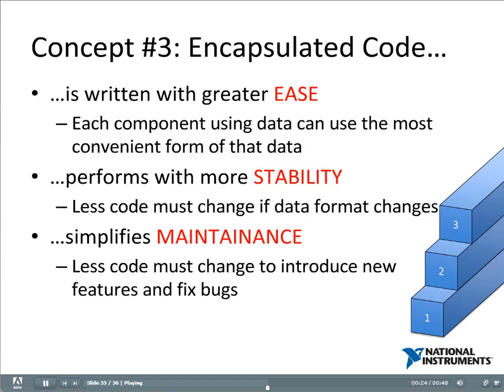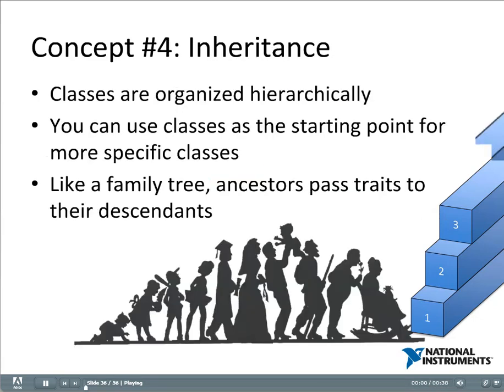Additionally, object-oriented code is more stable because if you need to make an update, for example, to your code or fix a bug, there's less about your overall application that needs to change to accommodate those modifications. And lastly, of course, as we've sort of already alluded to, maintenance is also simplified because if you need to fix bugs or introduce new features, less things need to change about the application.